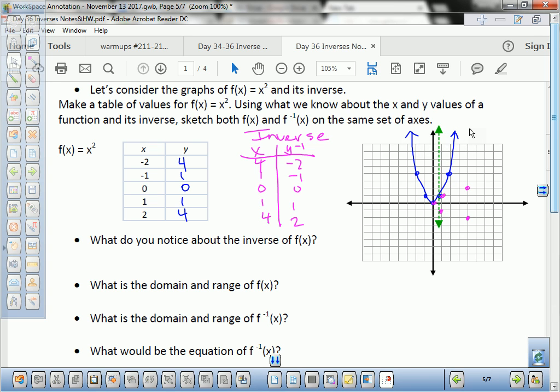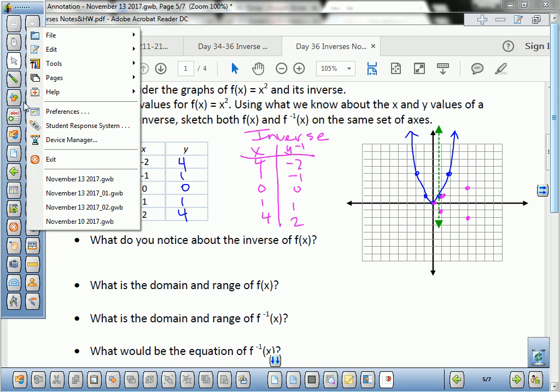Now, because with inverses we switch the x and y, when we're looking at the inverse of a function, instead of doing the vertical line test, what kind of line test do you think we're going to do? Horizontal. We're going to switch.